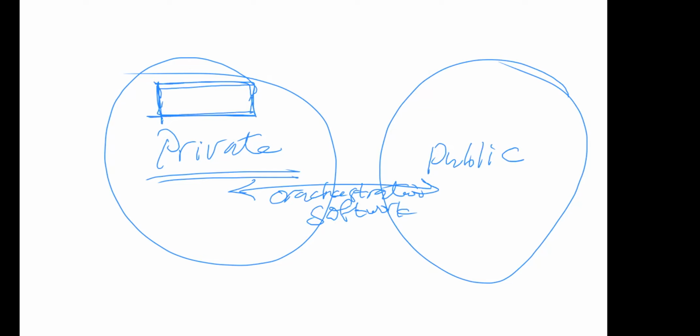The public will be used only if you have, as you mentioned, a burst. You have pre-configured thresholds. If these thresholds are reached, then the traffic will be moved into the cloud. And when the thresholds return to normal traffic, then you will go to the private once more. But here it is totally under your control, and the provider does not have anything to do with your private infrastructure.